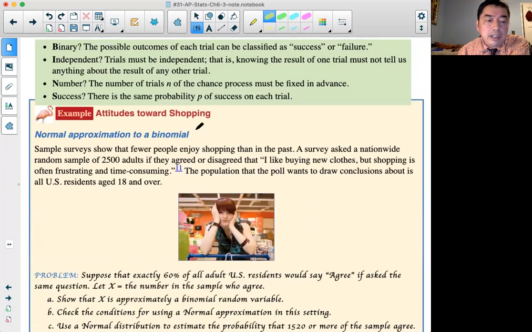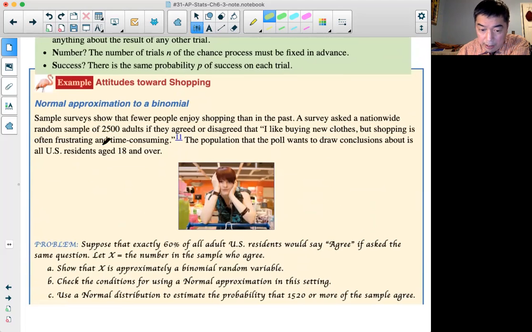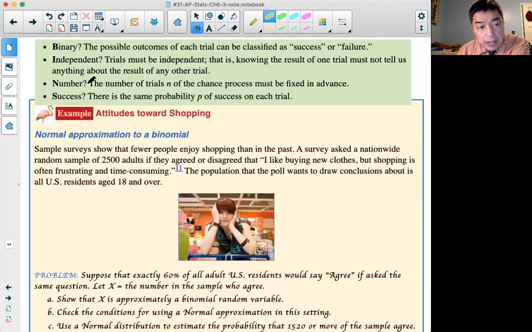So if we consider whether this is a binomial random variable, we have to go through the BINS, B-I-N-S. The first one is: possible outcomes of each trial can be classified as success or failure.